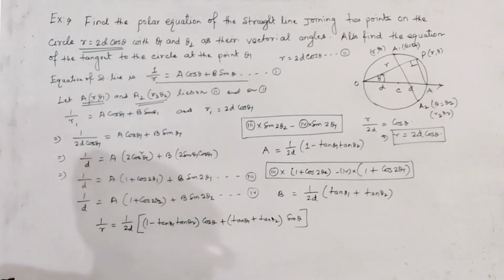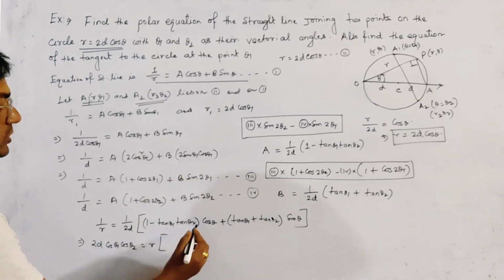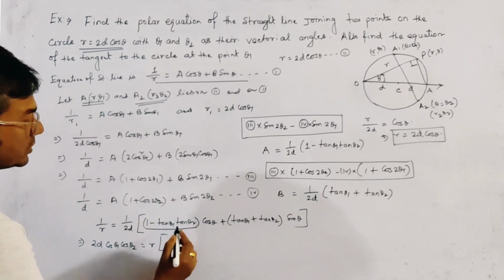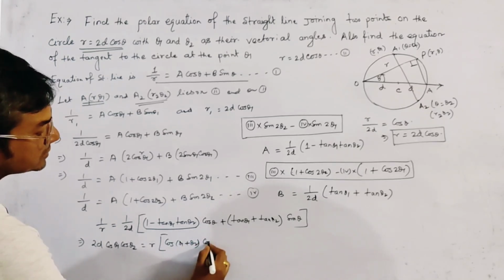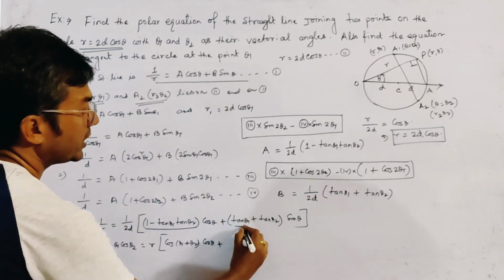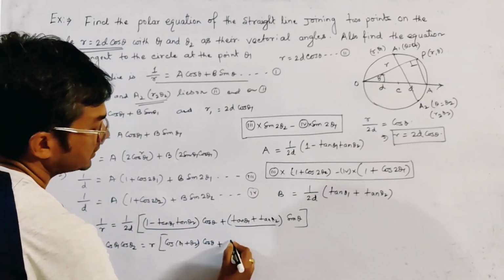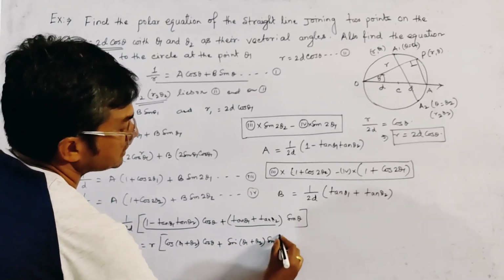To write it in symmetrical form, we write all tan theta in the form sin theta by cos theta, and we get the result 2d cos theta 1 cos theta 2 = r into [cos(theta 1 + theta 2) cos theta + sin(theta 1 + theta 2) sin theta].